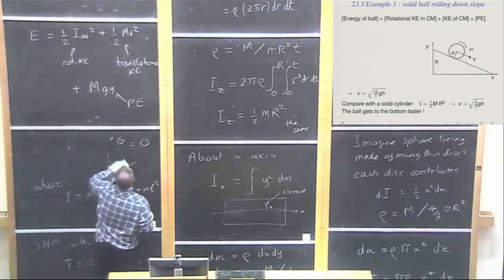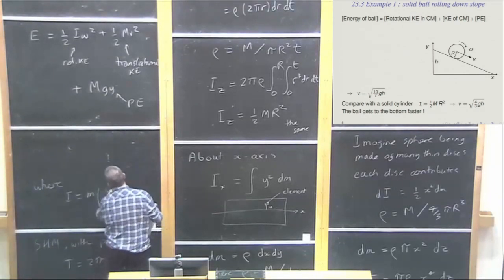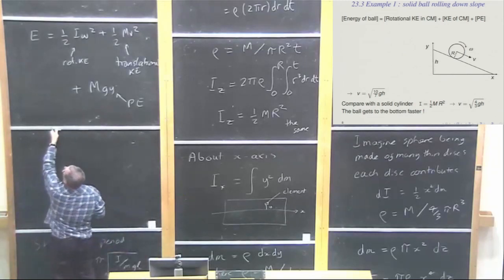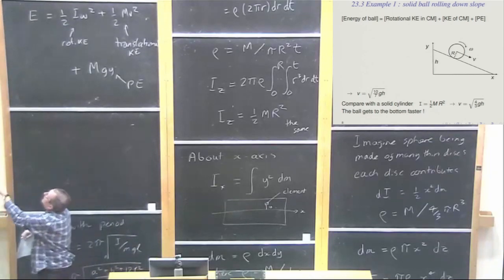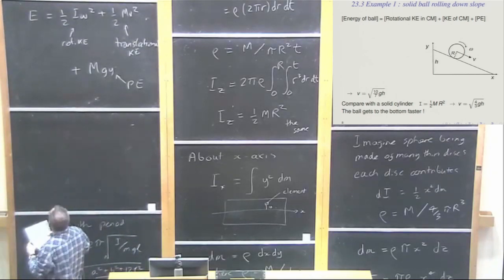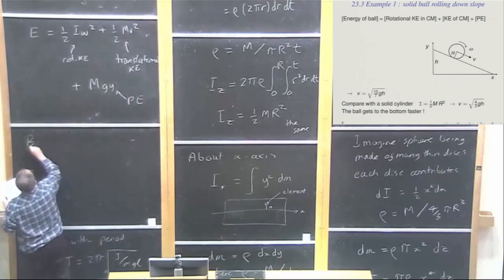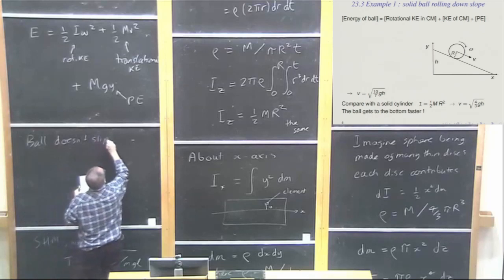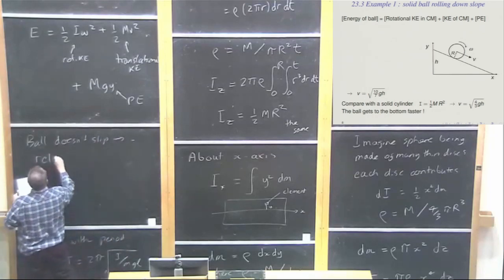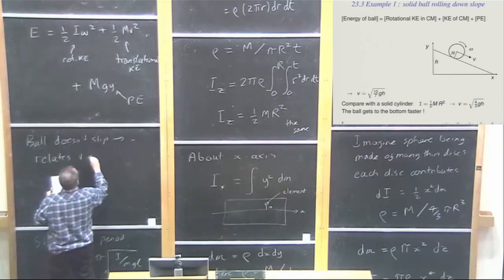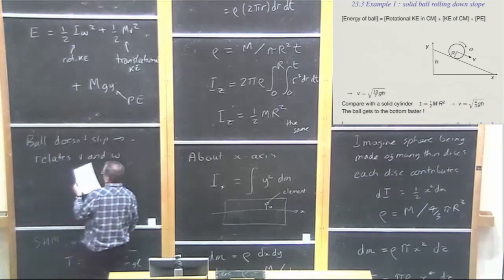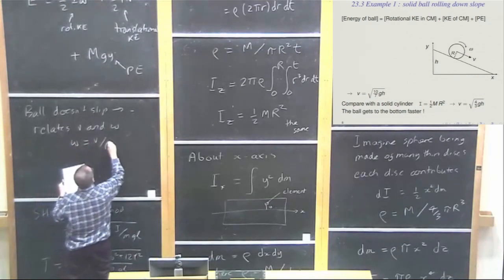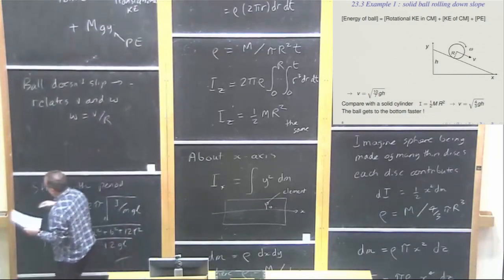Now, let us imagine that the ball does not slip. So every time it rotates, it is winding its way down the slope. So the ball doesn't slip, and this therefore relates v and omega in the sense that omega is equal to v divided by big R, which is the radius of the ball.